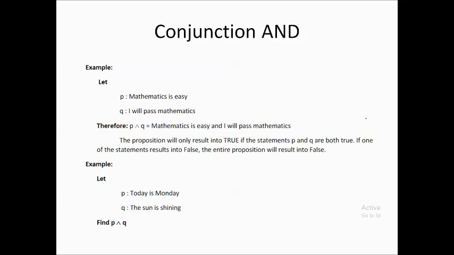Again, we combine the two propositions by only using the word and. That's why this is called conjunction. So the proposition will only result in true if the statements P and Q are both true. If one of the statements results in false, the entire proposition will result in false.